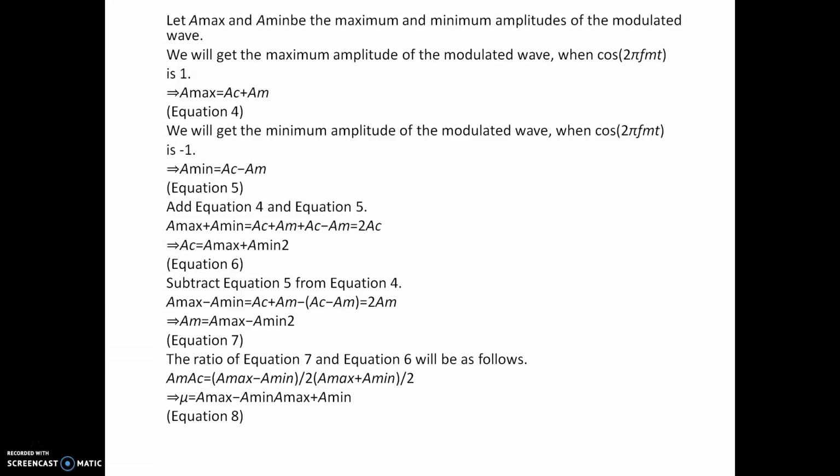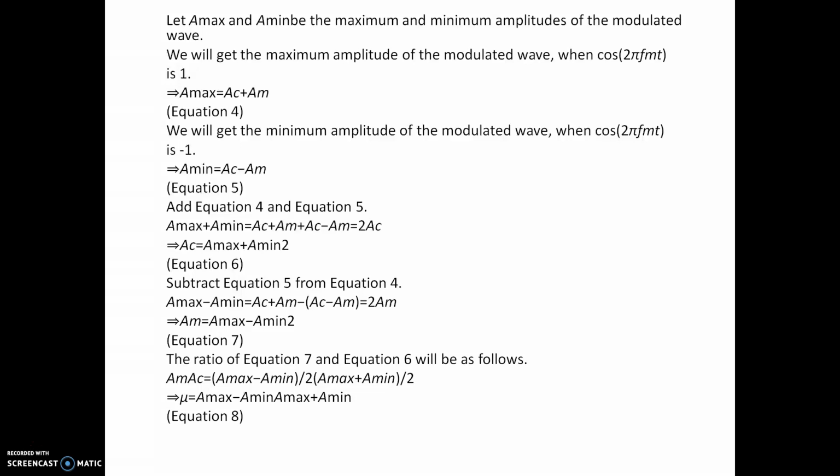So, Amin = Ac − Am, which is equation number 5. Now, adding equation 4 and equation 5, we get Amax + Amin = Ac + Am + Ac − Am = 2Ac, which implies Ac = (Amax + Amin)/2, equation number 6.